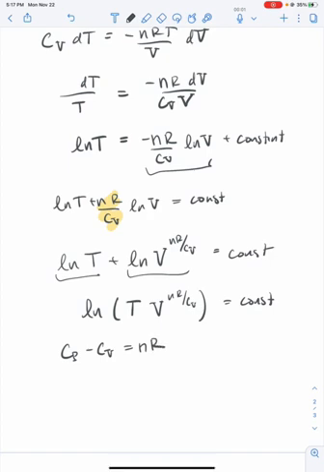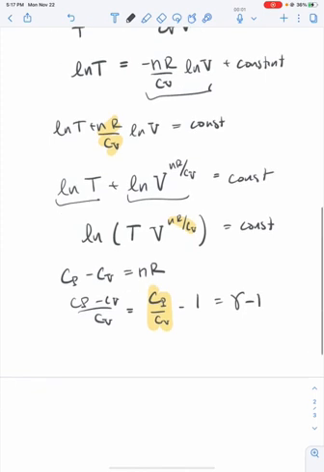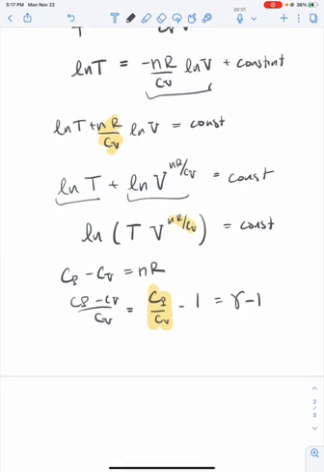And so now that means that this term in my exponent here is CP minus CV over CV, which is CP over CV minus 1. And then this thing, CP over CV, is our definition of gamma, so that's gamma minus 1. So this tells us that log of T V to the gamma minus 1 is a constant.